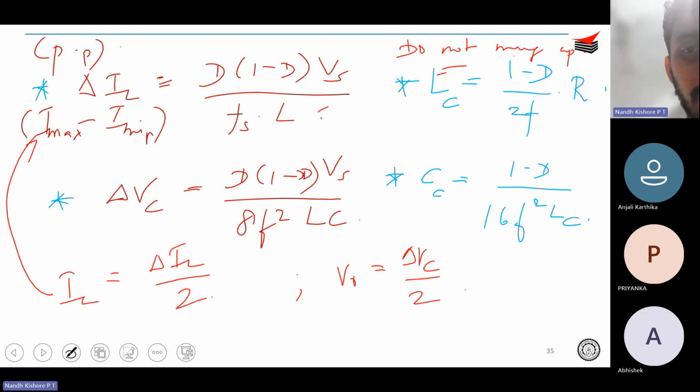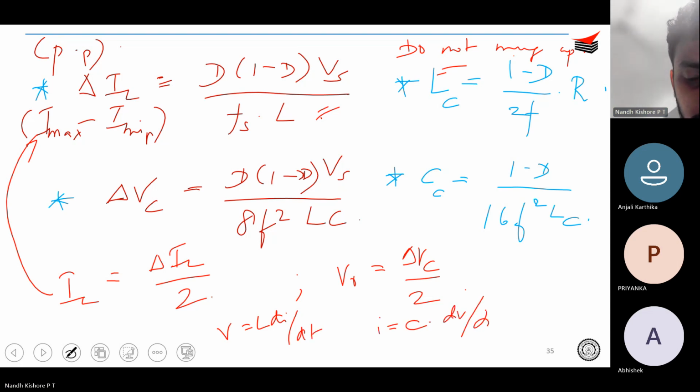Even these you need not mug up. This is just V is equal to L di by dt, I is equal to C dV by dt. Okay, you just need to understand the working. This is how we solve the problems. We never use these formulae. Please do not mug up these formulae. Okay, or maybe it will be better if I don't just write these formulae. I'll just write the switch conduction and stuff. Okay, fine.